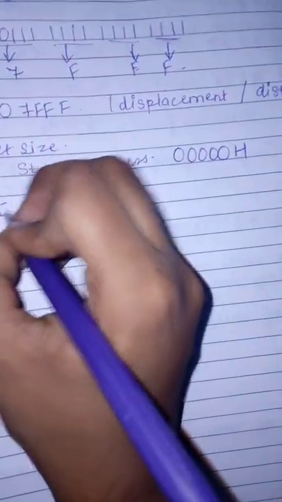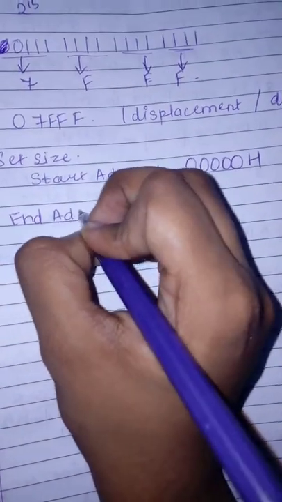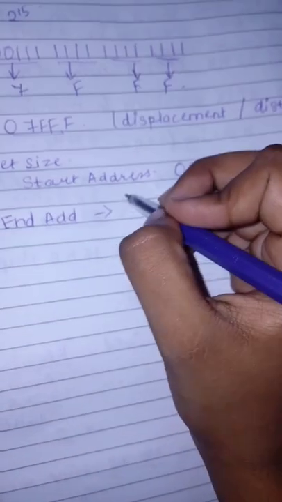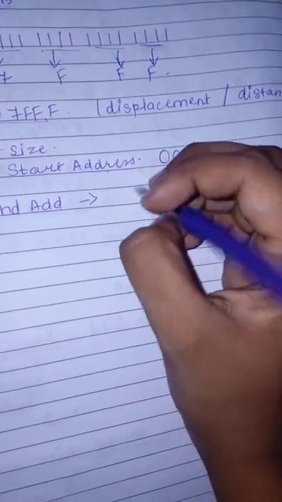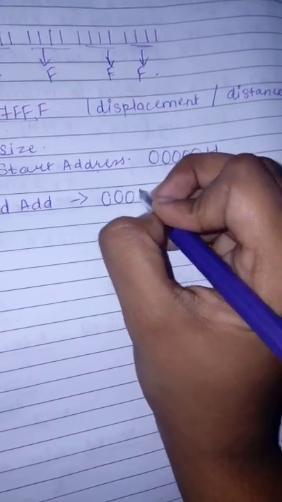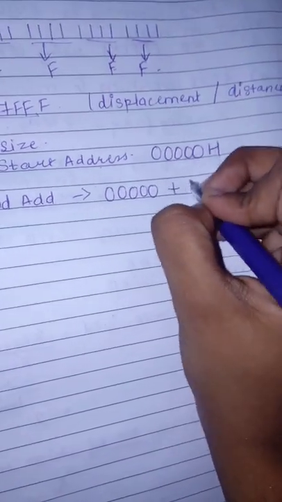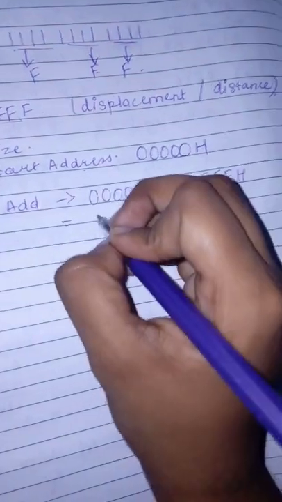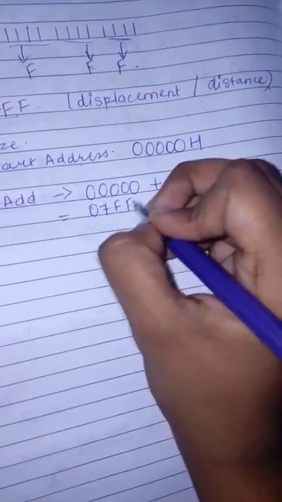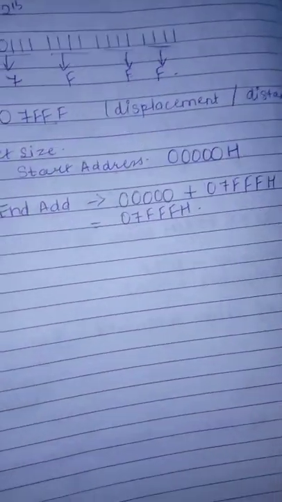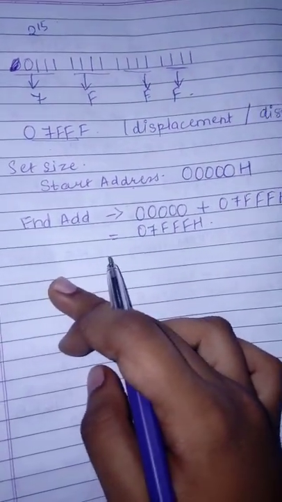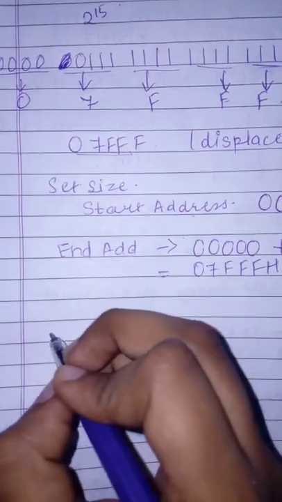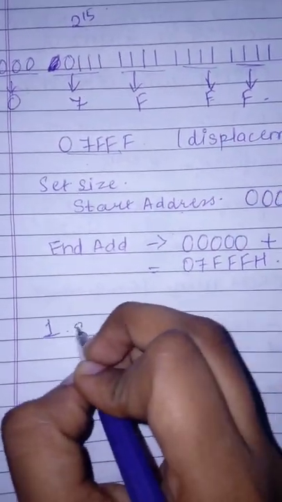In order to find the ending address, we add this displacement to the start address. So 0000 plus 07FFF H will give me 07FFF H. So I got this as the ending address of the set. I have only one set here.